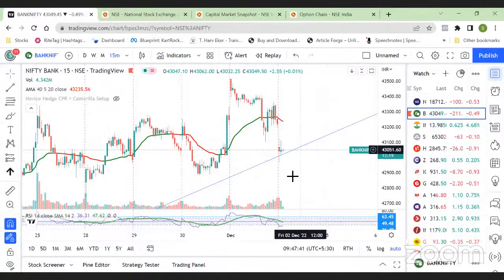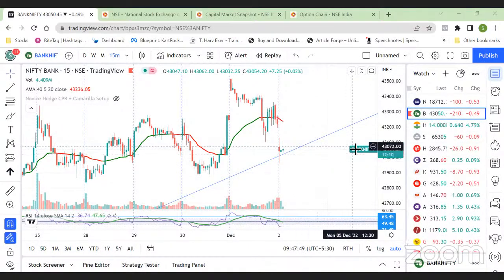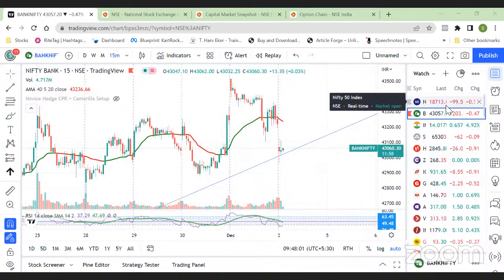It is showing some weakness, but still it is not complete. It is trading below that 43,070 level, but still it is not completely weak. I hope you are getting this.